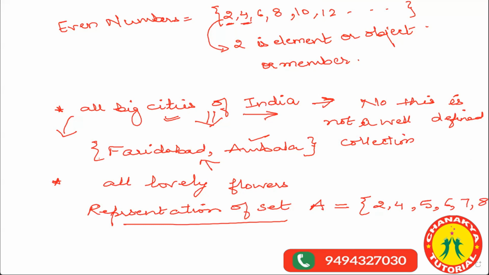In this, I have written 2, 4, 5, 6, 7, 8. Right? And all should be enclosed within the brackets. Right? And should be separated by commas. Okay? So in this way, you will represent a set. Clear this thing, children?